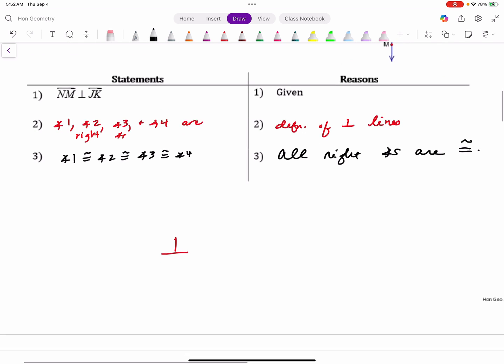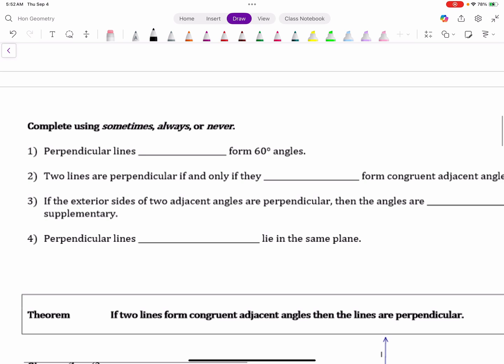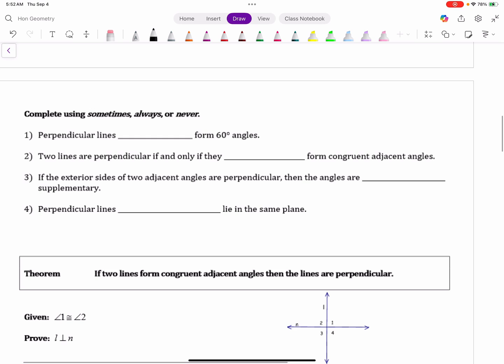Okay? All right, for the next part, turn the video off for just a second or pause it and see if you can find the correct sometimes, always, or never to fill in the blanks. Okay, so I assume that you did that. So let's check, see how you did. Perpendicular lines never form 60-degree angles.